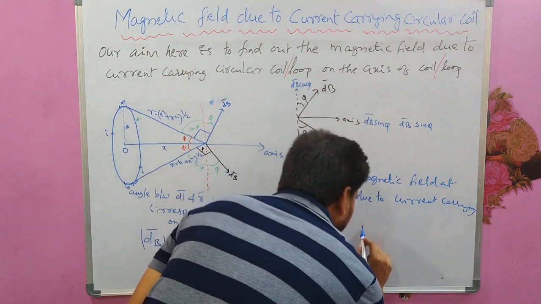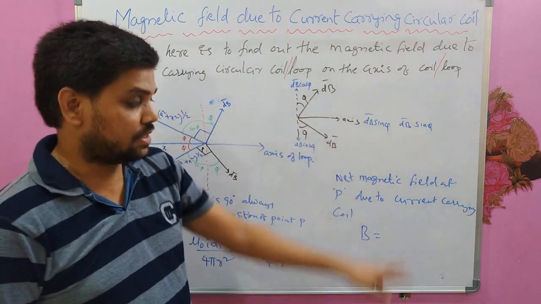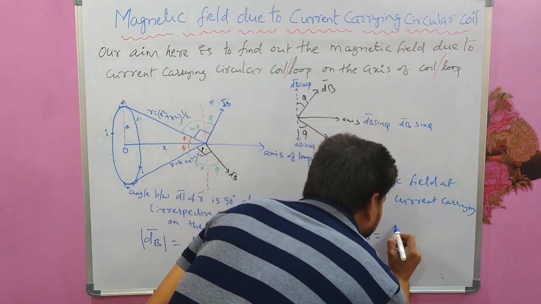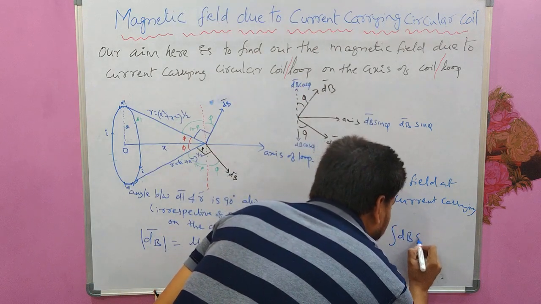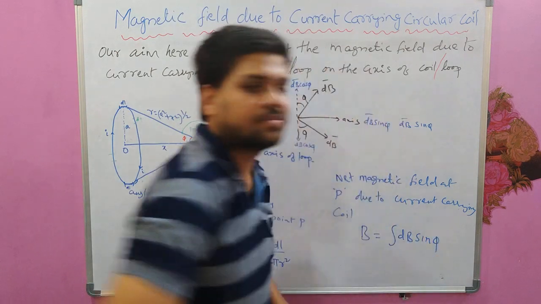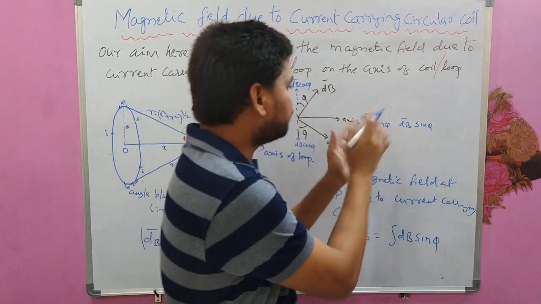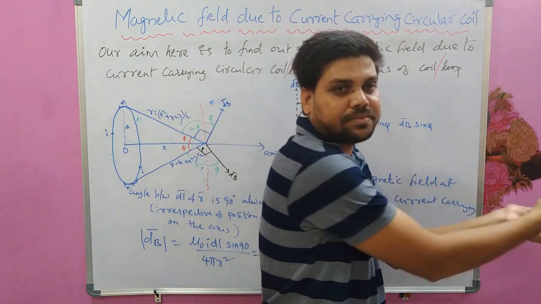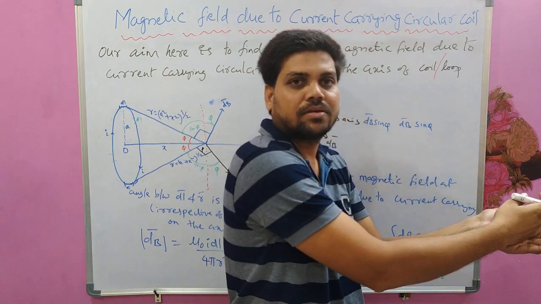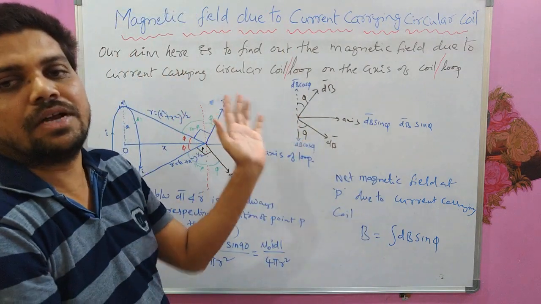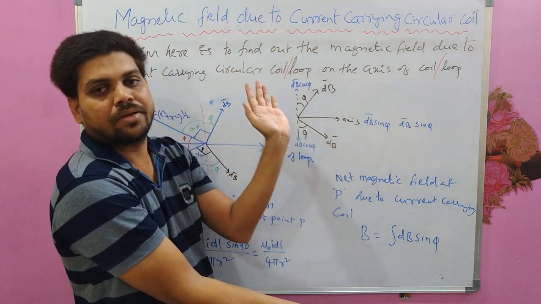it will be B equal to, instead of dB, because I am considering the total coil, the integral of dB sin phi. I have to add up all these dB sin phi's and no dB cos phi because they are cancelling each other, one is plus and the other one is minus.